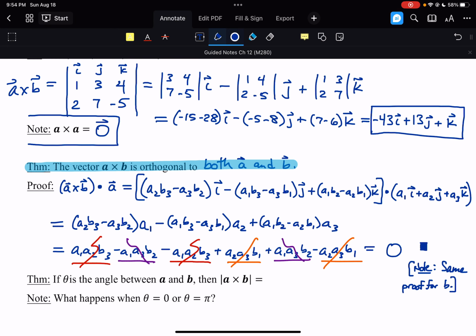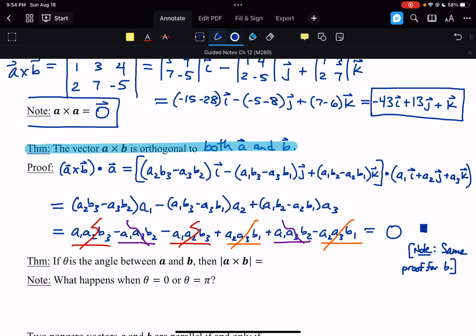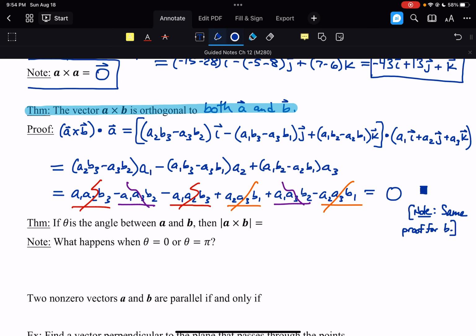Now, some additional properties for the cross product when it comes to angles between vectors. So we looked at how the dot product relates to the angles between vectors. The cross product is also related, particularly the magnitude of the cross product.